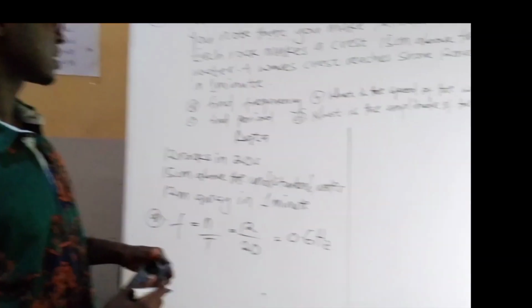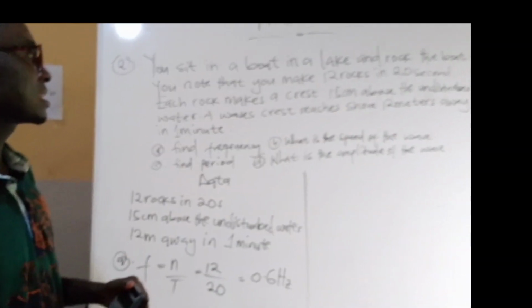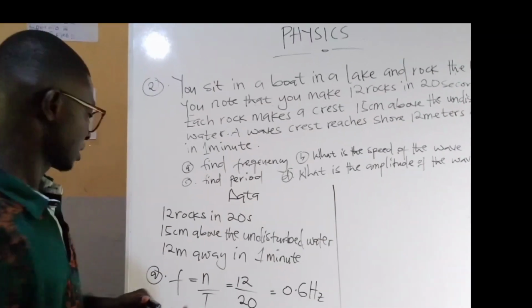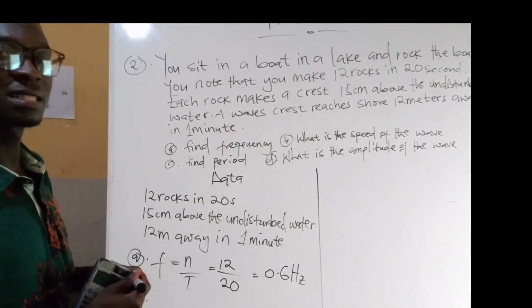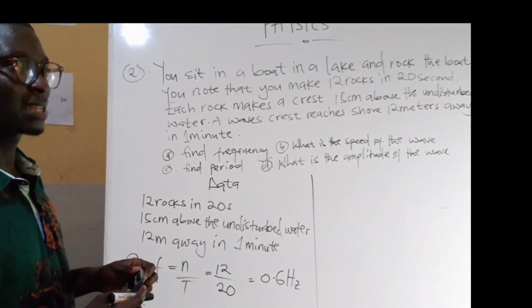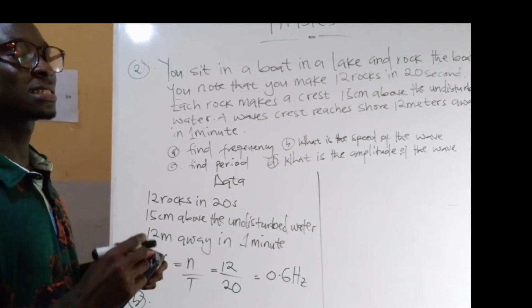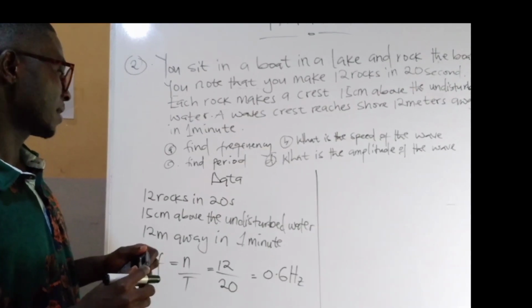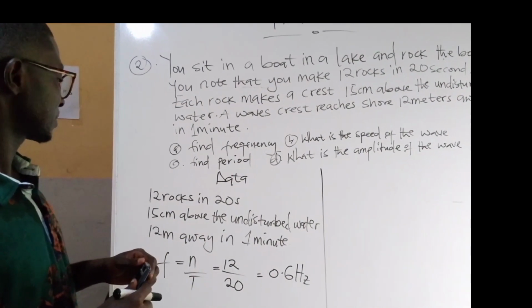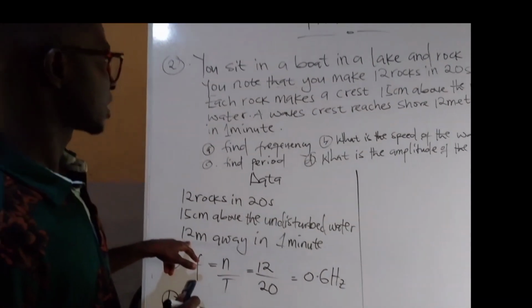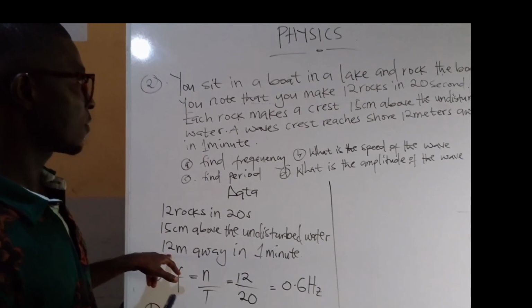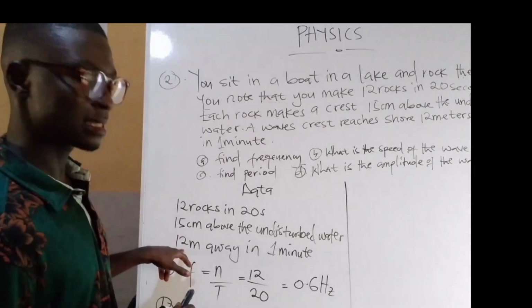Now the second part is asking, what is the speed of the wave? By definition, we know that the speed of the wave represents velocity, right? And it is the distance per unit time, right? So they are saying that the wave reaches shore 12 meters away in 1 minute.